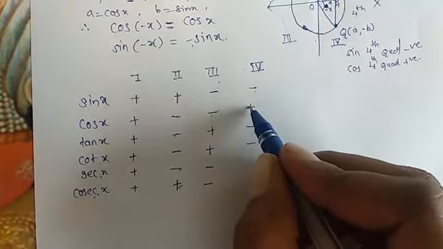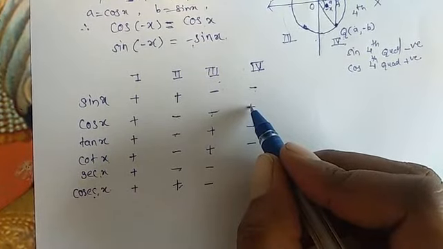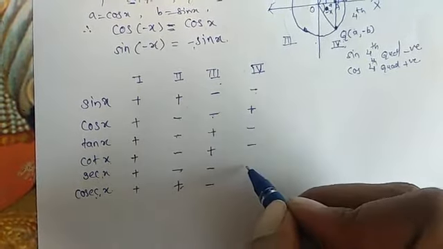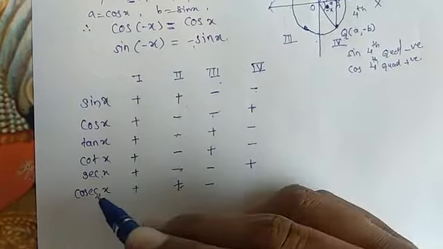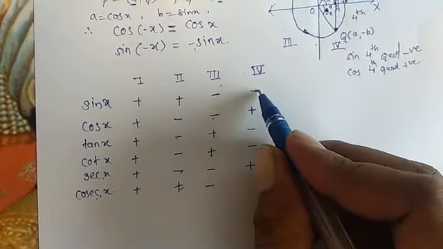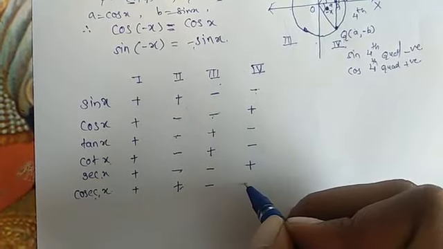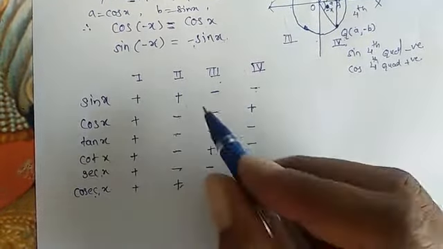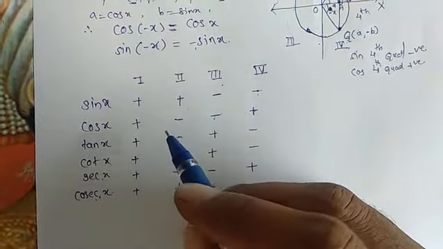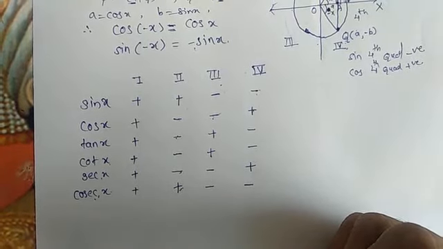Sec is 1 upon cos, so positive upon positive is positive, and cosec, 1 upon sin, will be negative. So this is our table for all quadrants of the trigonometric functions.